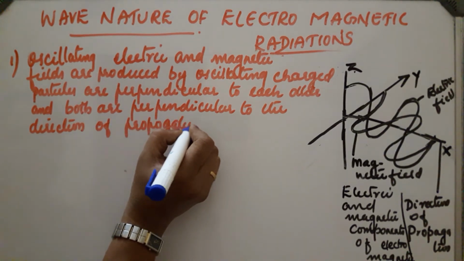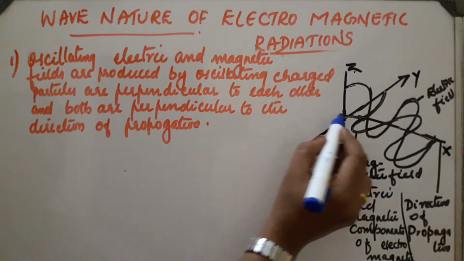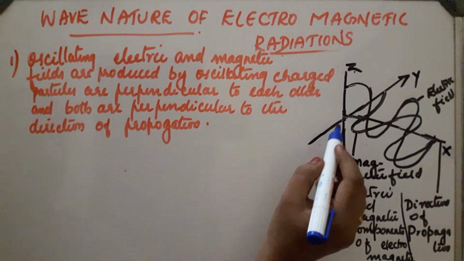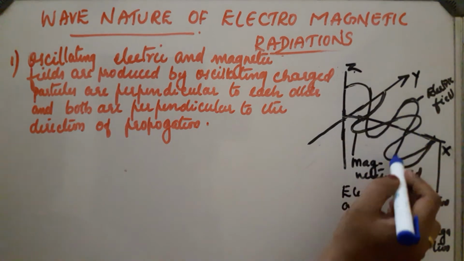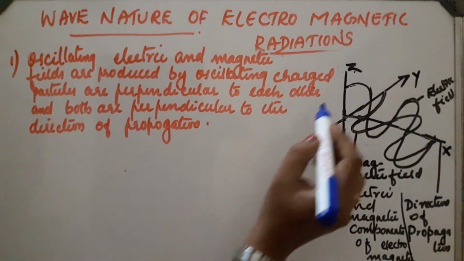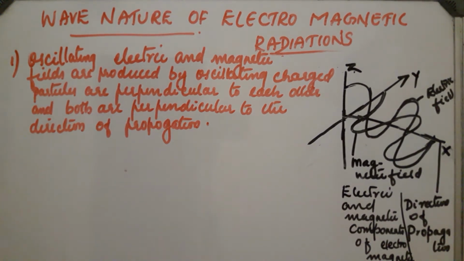We can explain this by using this figure. The x-axis shows the direction of propagation of the waves. This radiation contains two oscillating components, electric and magnetic fields, which are perpendicular to each other.